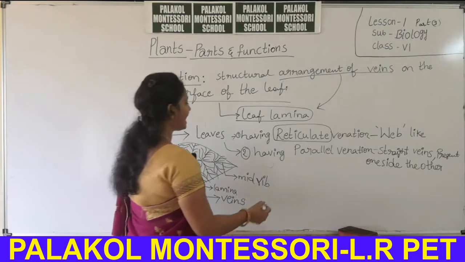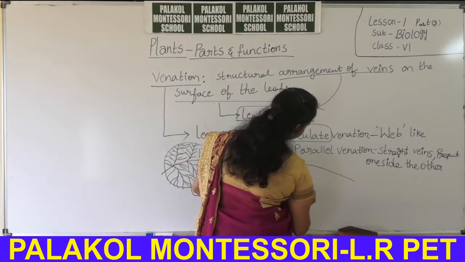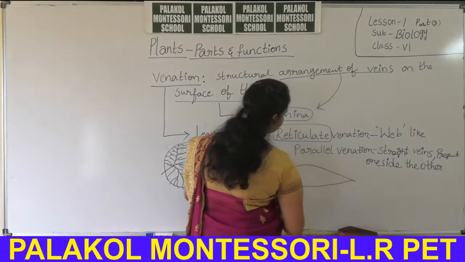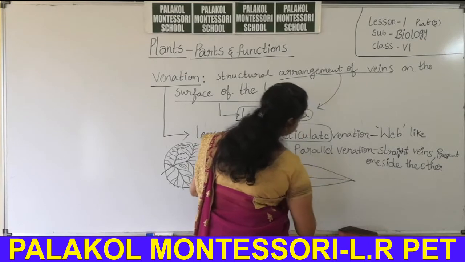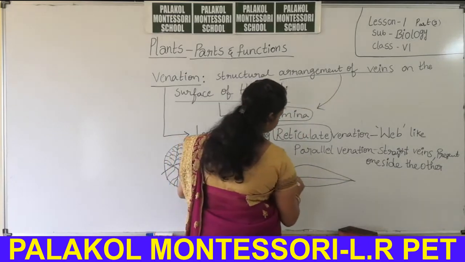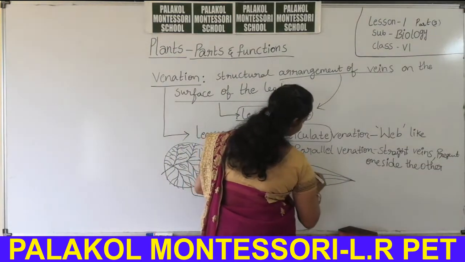Then parallel venation. This is a leaf. This is the midrib. These are the veins.